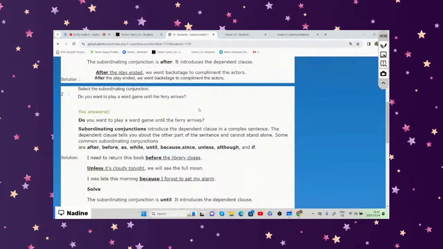Here we need to select the subordinating conjunction. Do you want to play a word game until the fairy leaves? So here it says, do you want to play a word game until the fairy arrives?